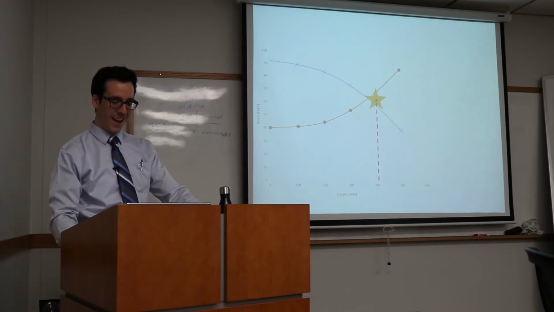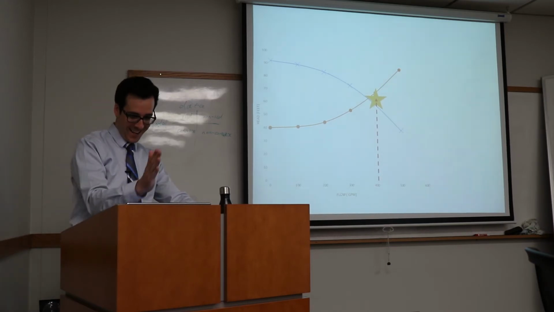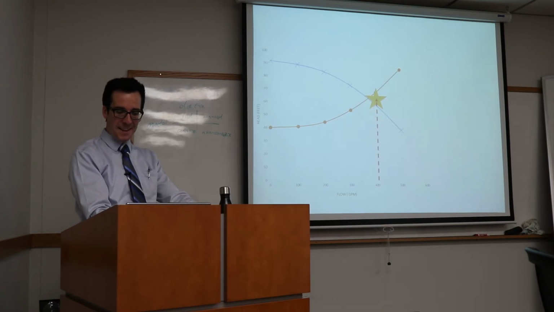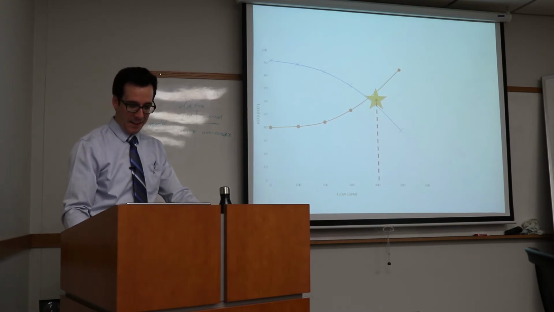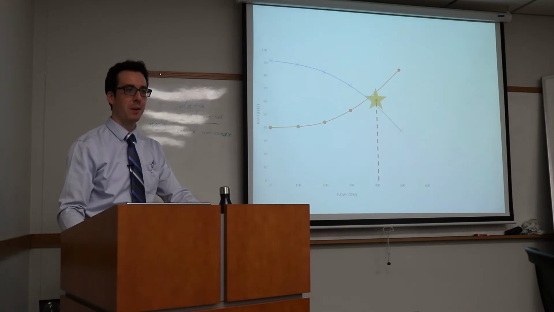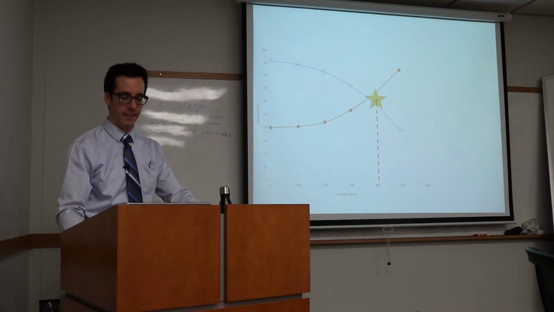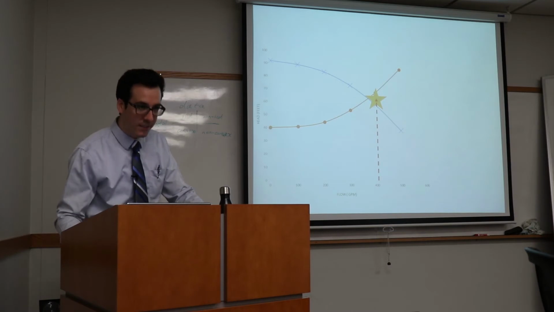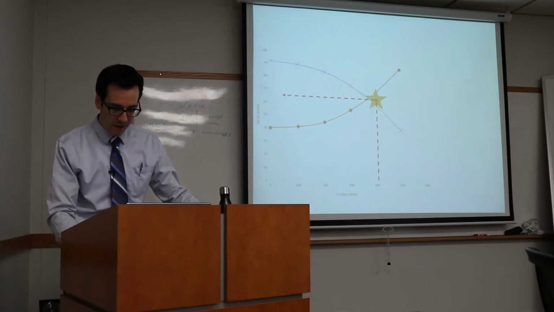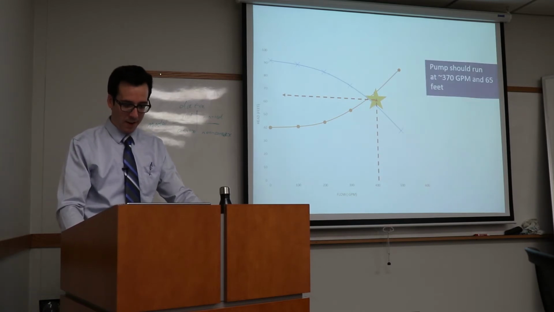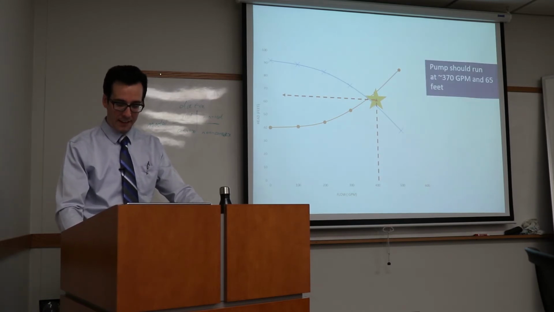Or sorry, I know my star's off. 375, I think it's 370 now that I think about it. And we read that head to be what? 65. So we know the pump should run at 370 GPM and 65 feet.